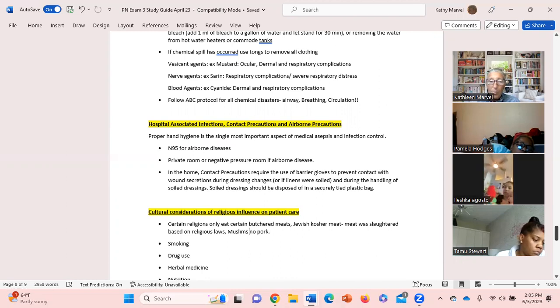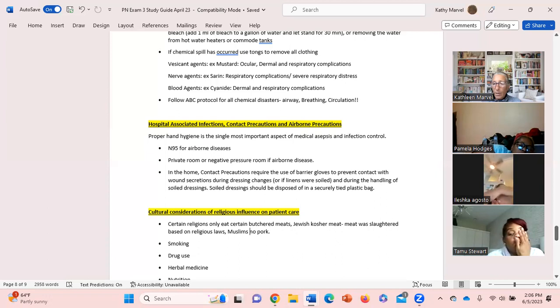Gives you a couple of examples that we need to be practicing. N95s for airborne diseases. Private rooms or negative pressure rooms for airborne disease. And then what are some teaching tools you can use in the home with regards to contact precautions? Right, with the use of gloves when it comes to any contact with wound secretions, linens, dressings.